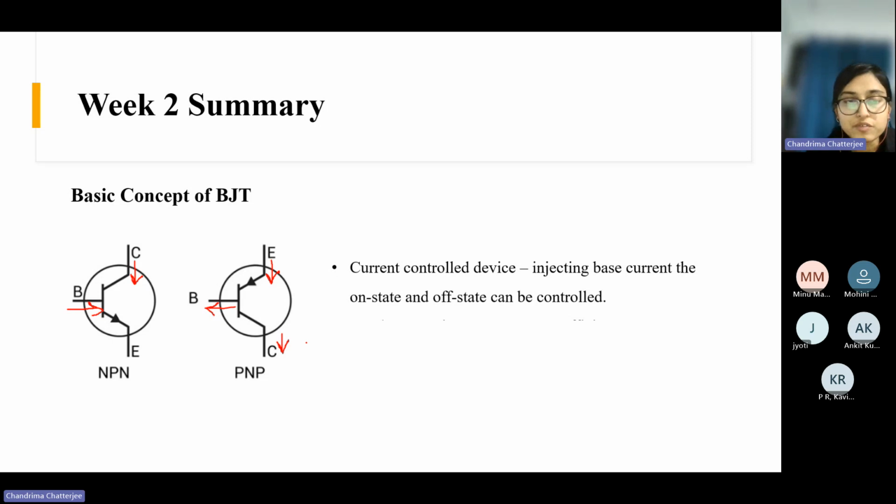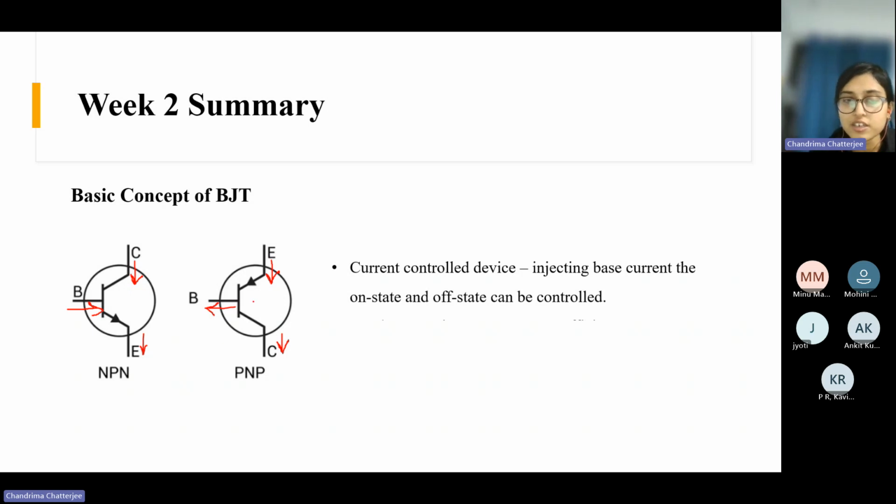At each point of time, here the current direction is like this. At each point of time, the emitter current is the summation of collector current and base current. If you apply KCL, Kirchhoff's current law, at this node, you will see that the emitter current is always the summation of collector current and base current.